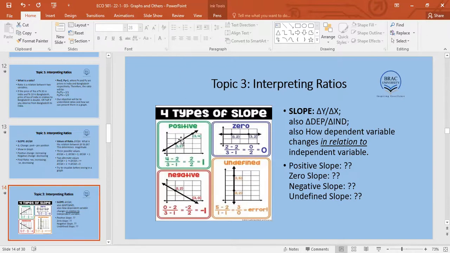Look at this green one, positive. If we move from here to here, it means x is increasing and y is also increasing, isn't it? If we move from this point to this point, what happens? As x is increasing rightwards, y is increasing vertically upwards, right? Yes, sir.